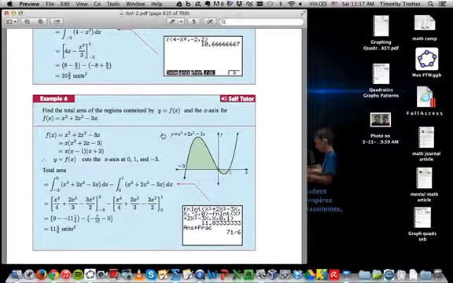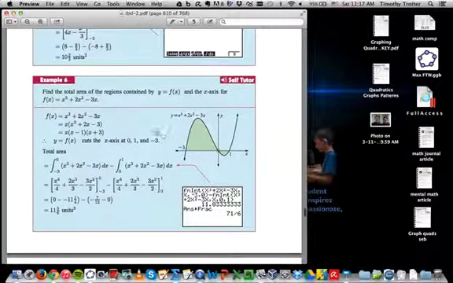Another one is, what if we want to know total area, which means that we don't treat the area below the x-axis as negative? What if we want to consider this as positive? So we've got this as positive, and we want to add this as a positive area. How would we do that? Well, we could do it two ways.